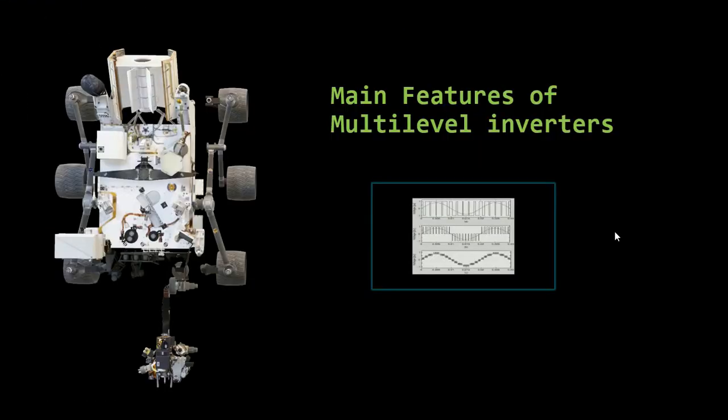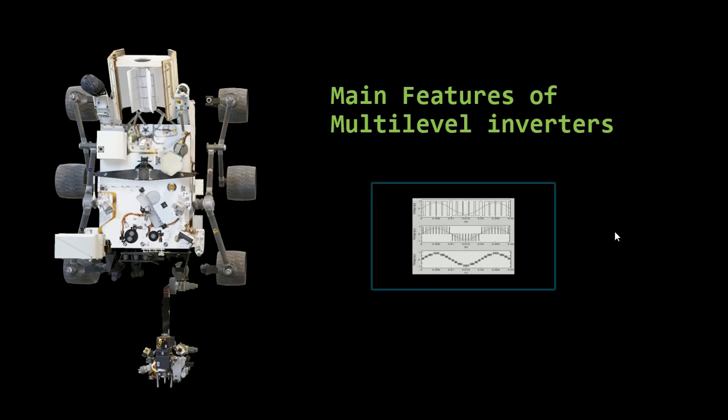So now we're going to talk about the main features of the multi-level inverters that other previous inverters do not have, and that give multi-level inverters an advantage over them. First of all, the more levels you have in a multi-level inverter, the more voltage output you get.